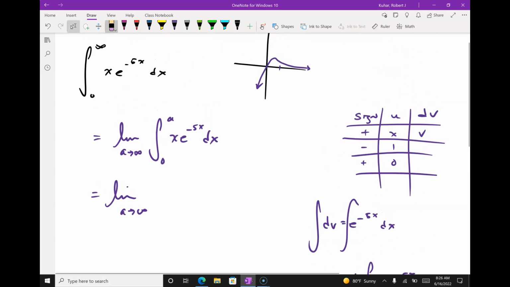Some of you I saw put just dv there and then integrated, on one that was similar on the test. And then I'm thinking, well, that negative 1/5 is going to happen every time I take that antiderivative. So I need a positive 1/25 e to the minus 5x for the next term.